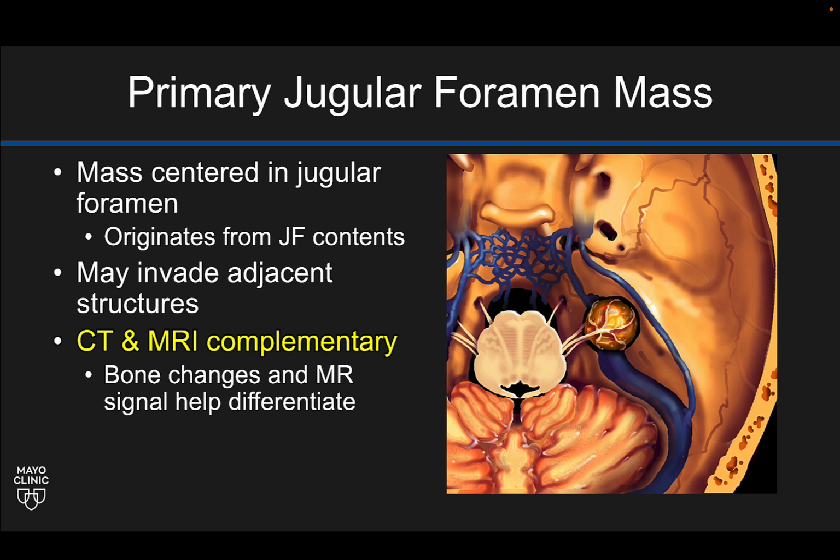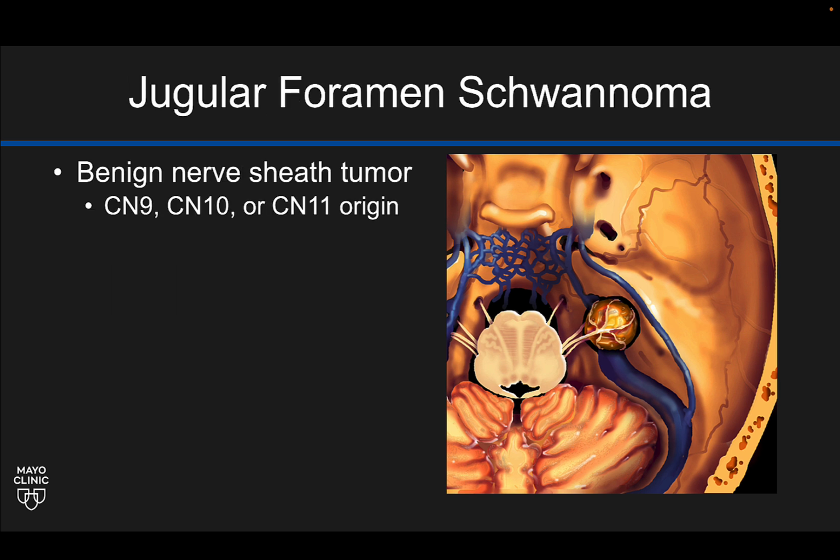We can look at the bone changes on the CT and the signal characteristics on MRI and have a really good idea if we're dealing with a schwannoma, a meningioma, or a paraganglioma, because all three of them will have very different bone changes and all three of them will have very different signal intensity.